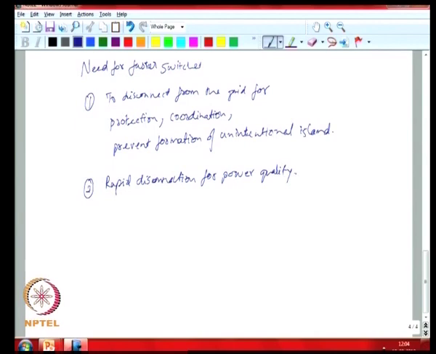So, the fastest disconnection might be of the order of multiple cycles, whereas if you look at a semiconductor based switch, you could switch in a much faster manner in less than a cycle. Okay.